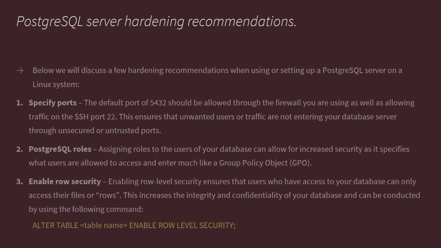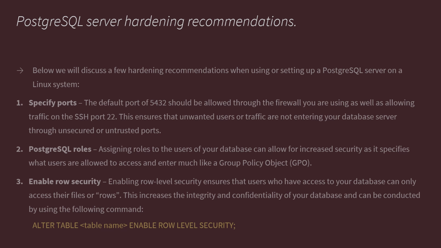Now we'll discuss some server hardening recommendations when using PostgreSQL with your Linux server, as we just discussed in the previous slide. So the first step that I would recommend would be to specify which ports you wish for your database to allow traffic through. So the default port of 5432 should be allowed through the firewall.